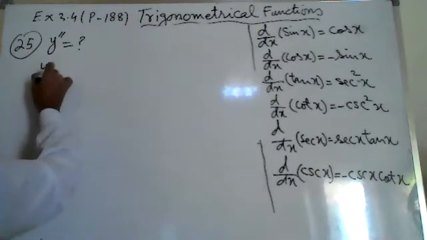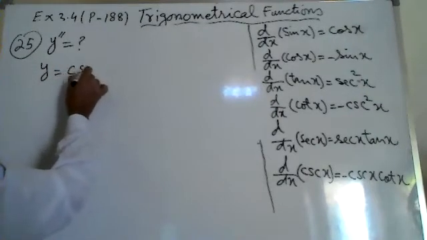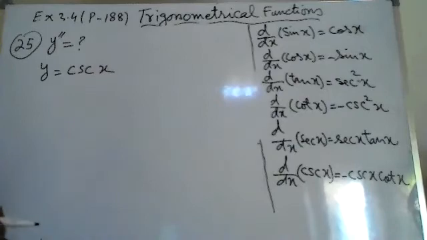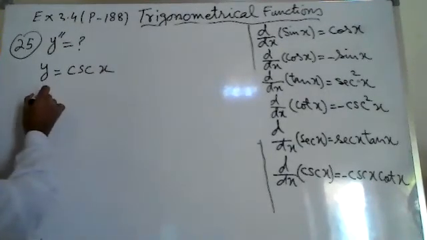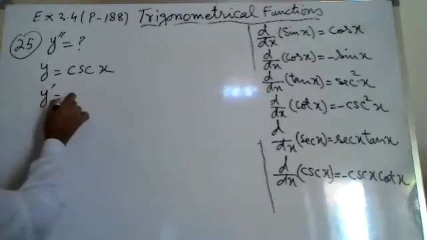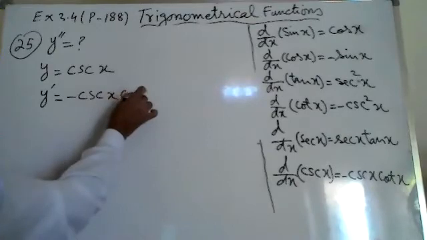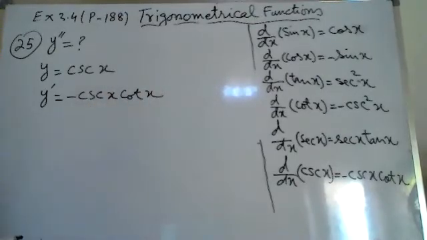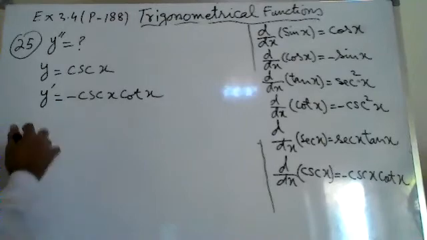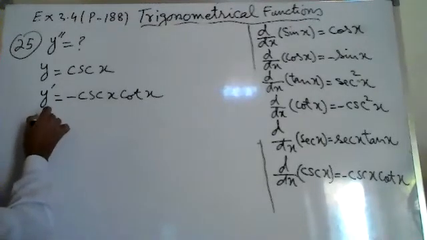And we are given y is equal to cosec x. So the first derivative y dash is minus cosec x cot x. This is the first derivative y dash. Now the second derivative y double dash.